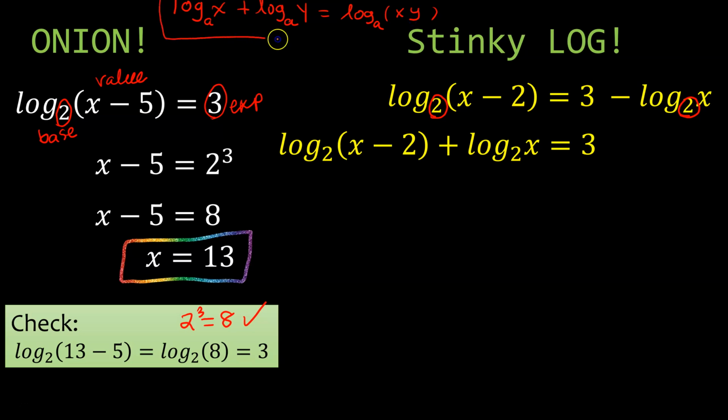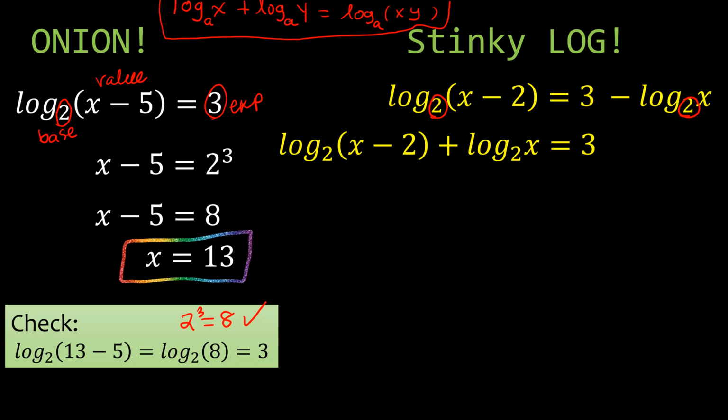And this property is equivalent to when you multiply things with exponents, you add the exponents, right? So log is the exponent. So when you're adding the two logs, you really are multiplying the values, which would be x and y.